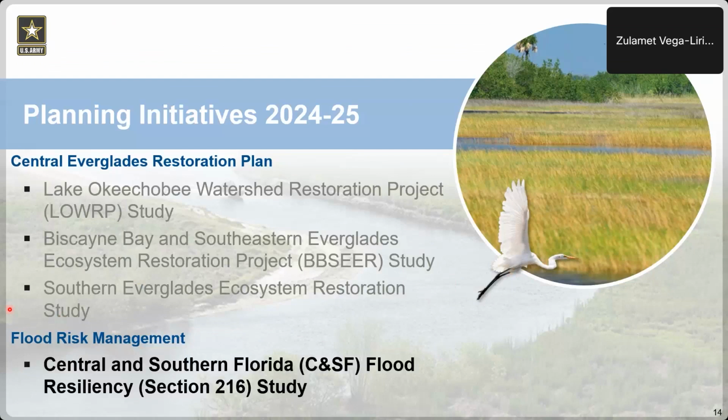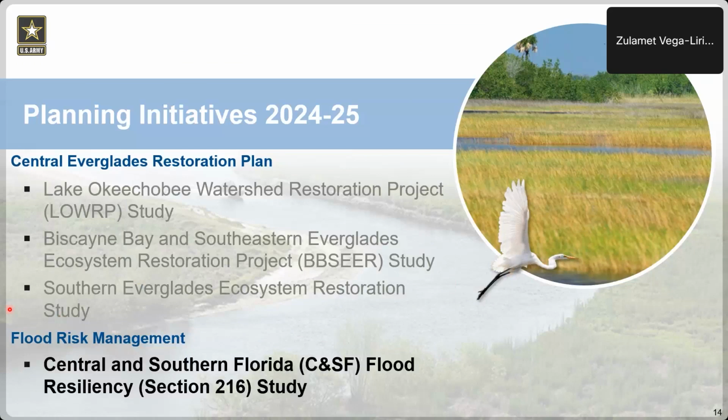Lastly, I would like to talk about the Central and Southern Florida, CNSF, Flood Resiliency Study under Section 216, which is not part of SERP, but interacts with multiple ongoing federal efforts in the area.